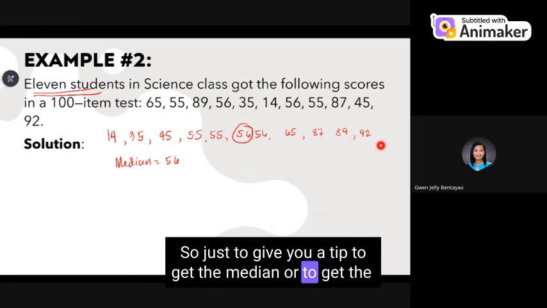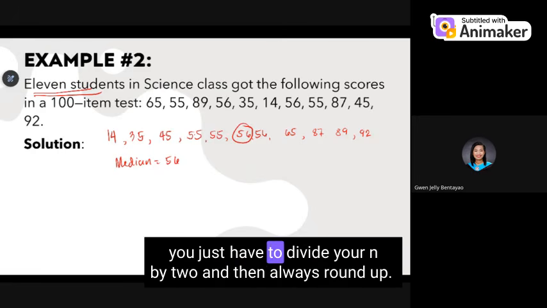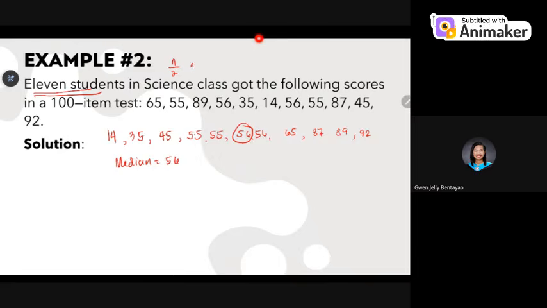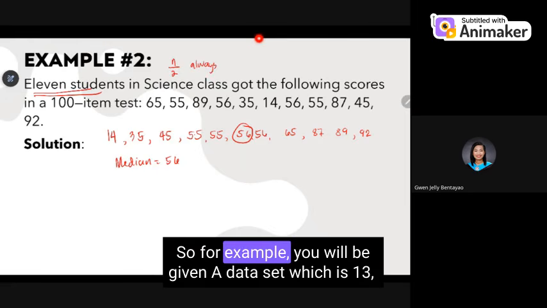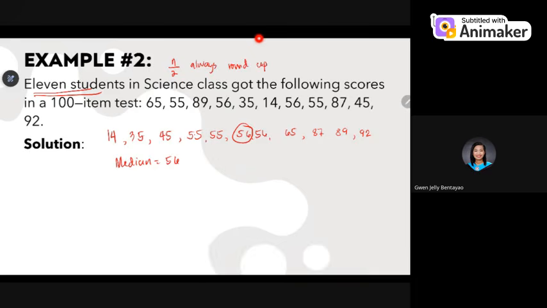Just to give you a tip, to get the location of the middlemost score, you just have to divide your n by 2 and then always round up. For example, if you are given a data set of 13, then 13 divided by 2 is 6.5.